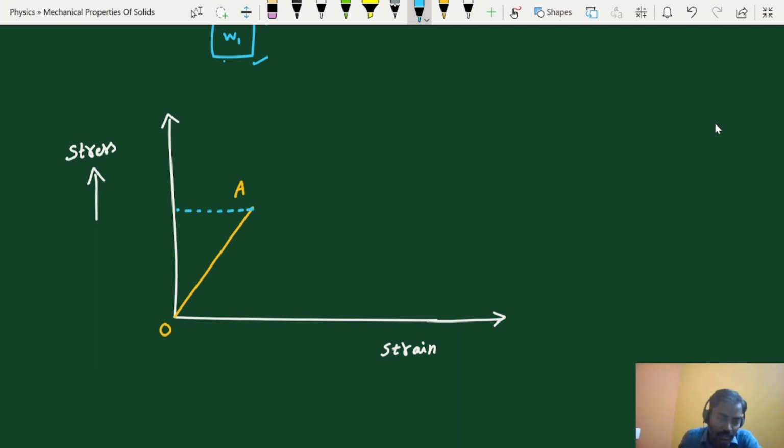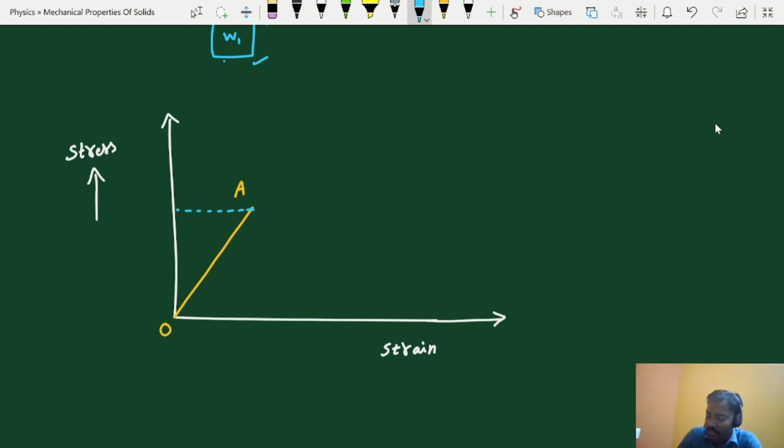So then the body is said to be an elastic body between O to A, or you can say it shows elastic behavior. Between O to A, stress is directly proportional to strain and it obeys Hooke's law.